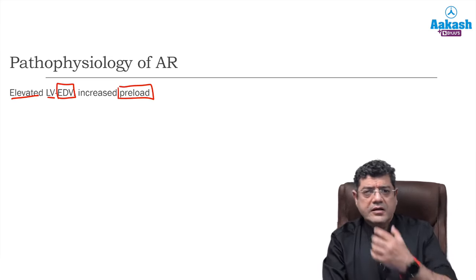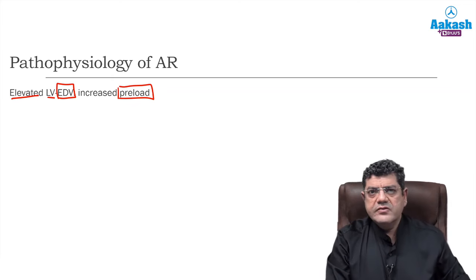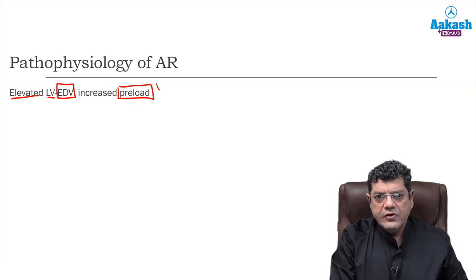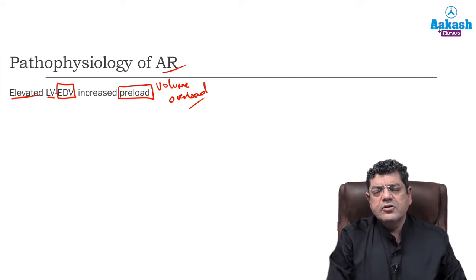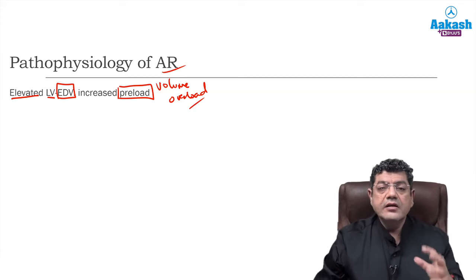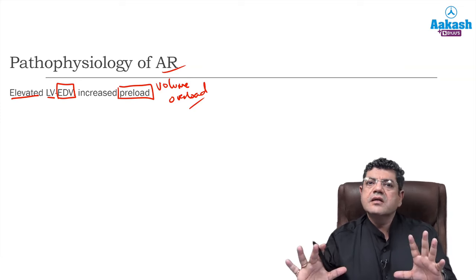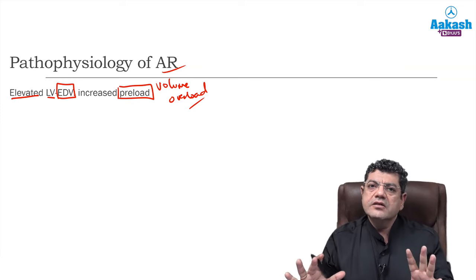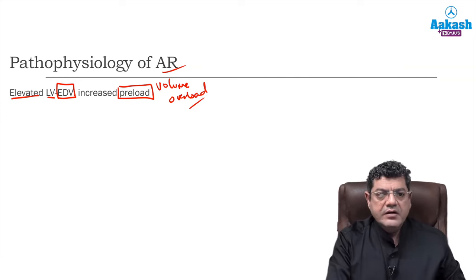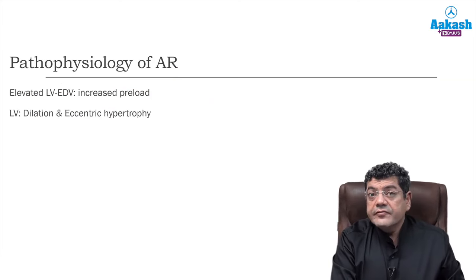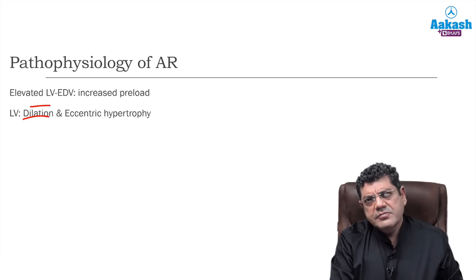It is yet to contract. So the LV is facing a volume load to begin with in chronic AR. We're discussing chronic AR. In acute AR, the left ventricle is incapable of handling the regurgitant flow, so it just fails. The left ventricle therefore dilates.